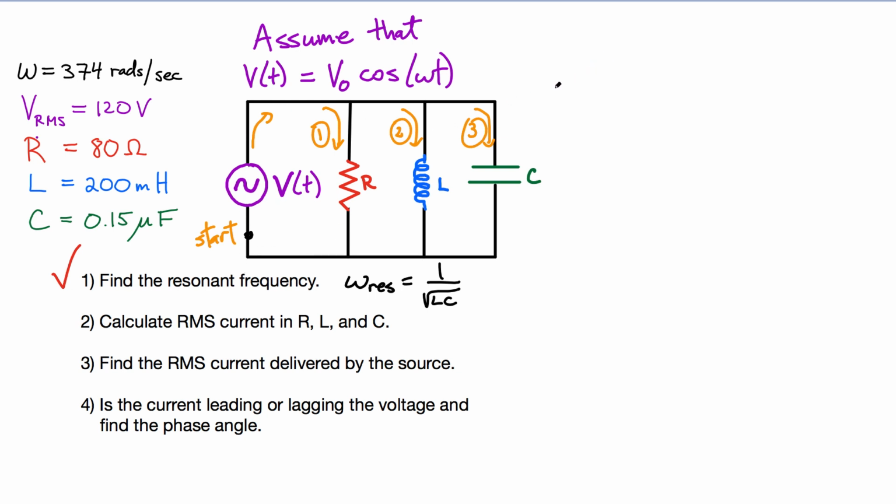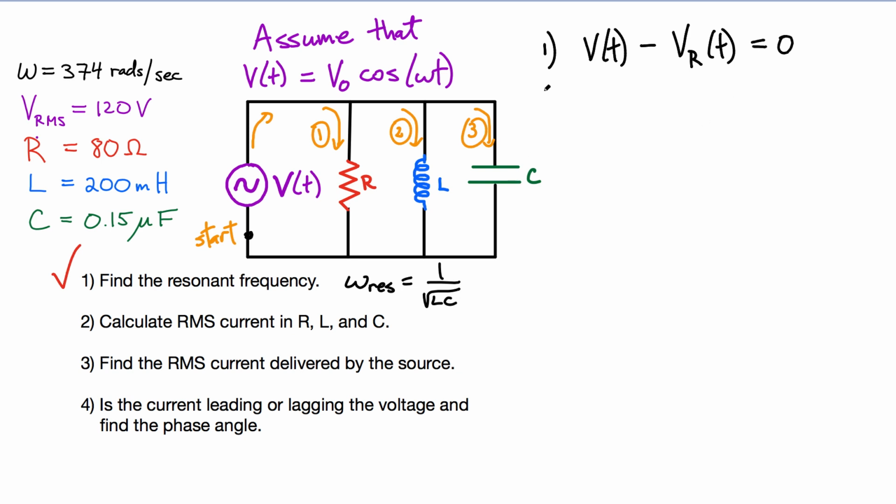For loop number 1, if I cross this power supply, I get a voltage across. And then I'm going to go down this center path. In the center path, I'm going to simply cross a resistor. So I'm going to get a voltage drop across that resistor as a function of time. And then I go back to the point where I started. So that's it for that one.